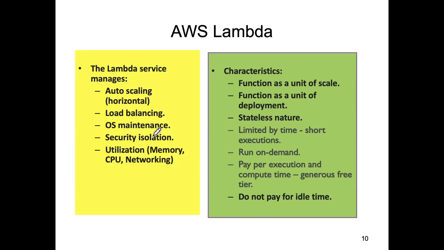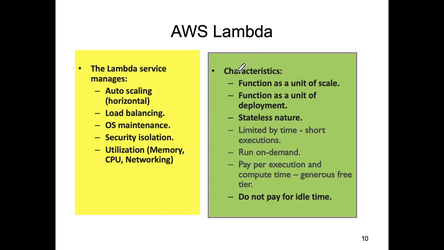So there's security isolation guaranteed, even though the micro VMs might actually be running on the same piece of server hardware. They're completely insulated from one another. It takes care of providing the necessary utilities that each micro VM requires in terms of RAM, CPU power, network bandwidth. So it does all of that for you. That's the benefit of this serverless approach.